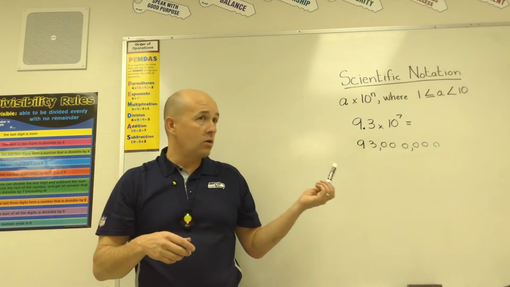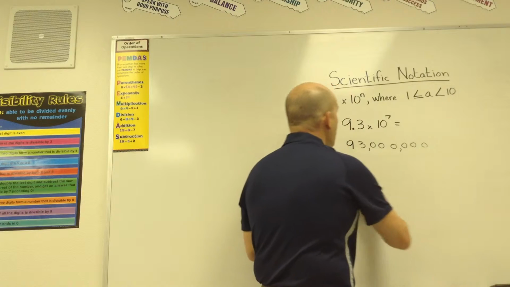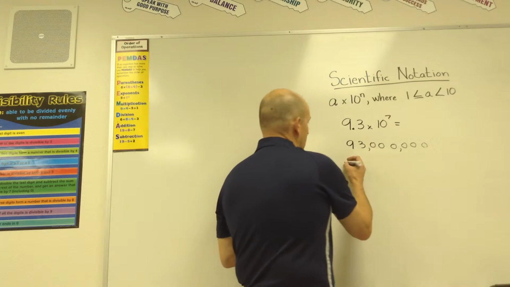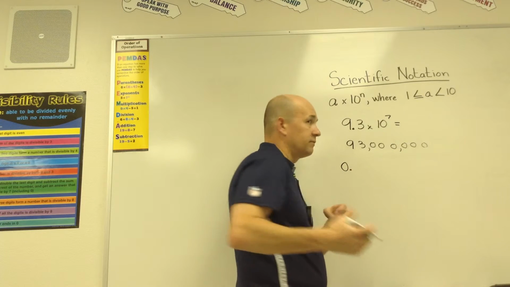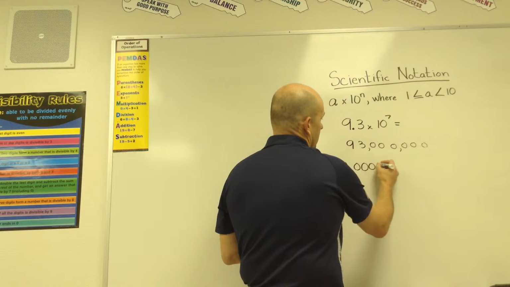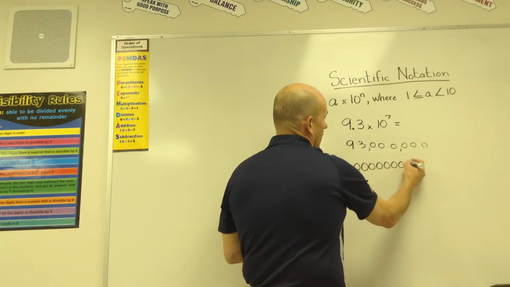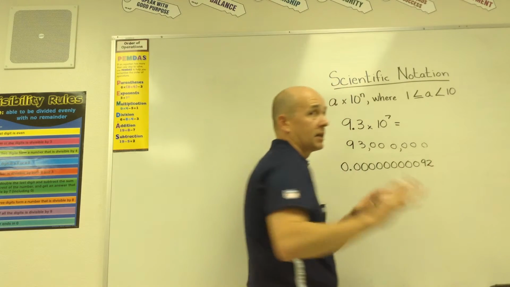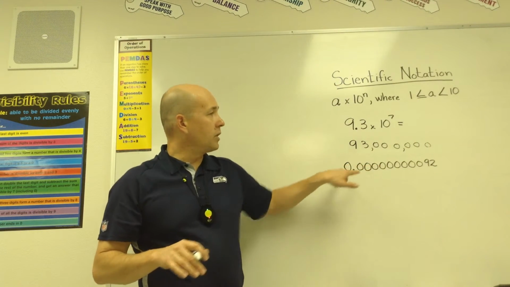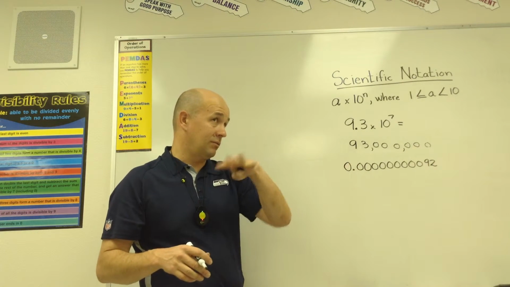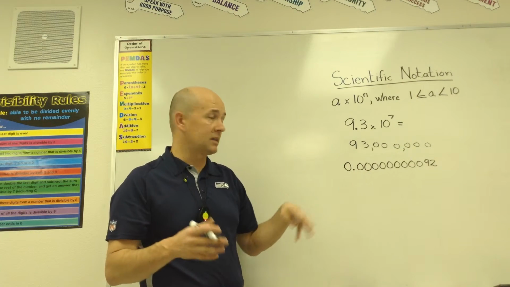All right? Works when we're talking about very small numbers as well. For example, we're talking about the diameter of maybe a cell, and we're reading in a science book again, and we get down to something that looks like this, and I'm just making these up, so please don't take them as real, and I want to know, well, what is this in scientific notation? Well, I messed up here a little bit, need to take a step back.